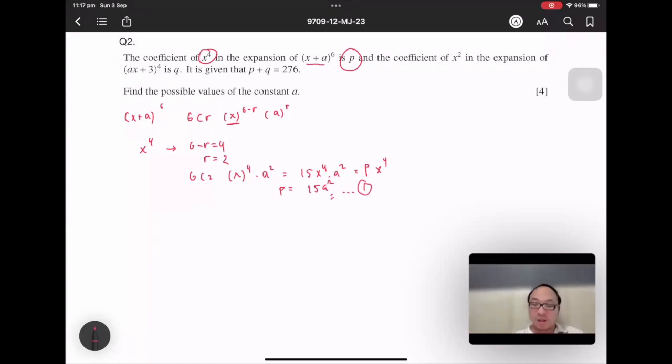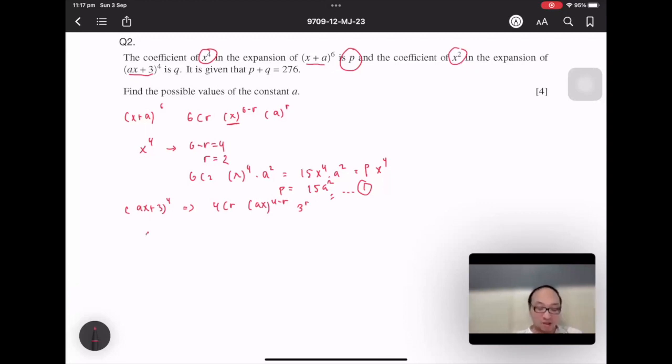And then to find the coefficient of x squared from the expansion of (ax + 3)^4, we have the formula 4Cr (ax) to the power of 4 minus r, and 3 to the power of r.